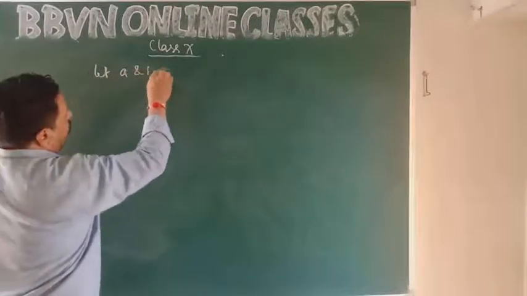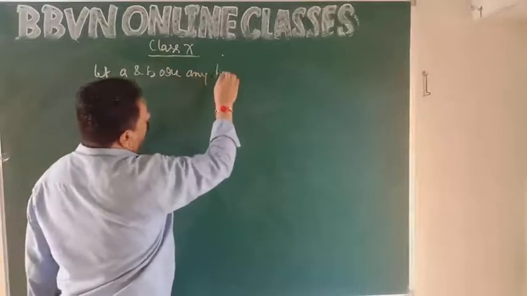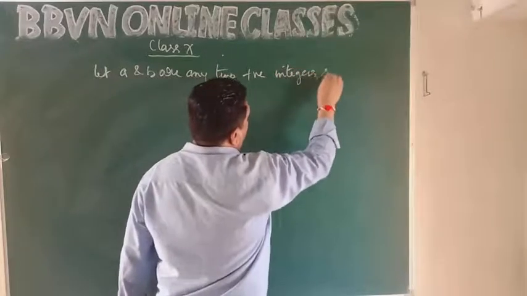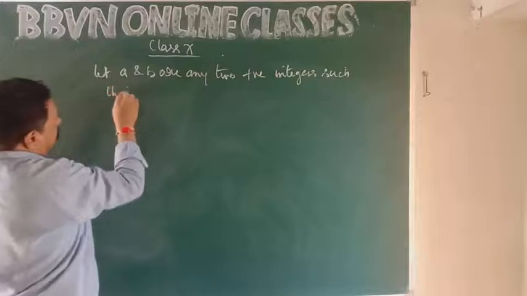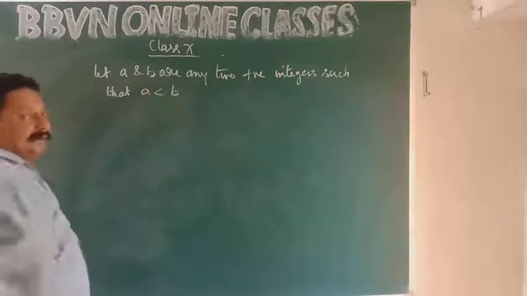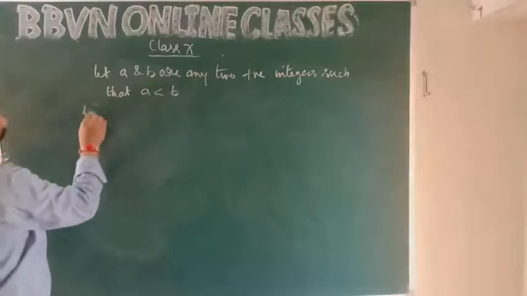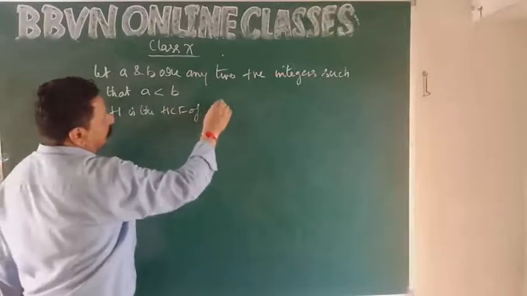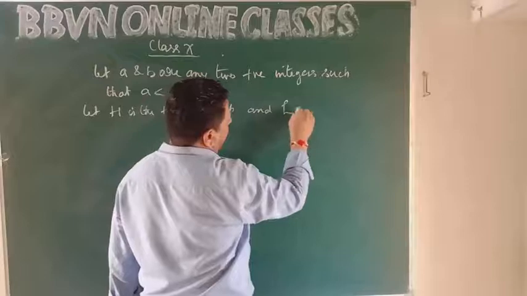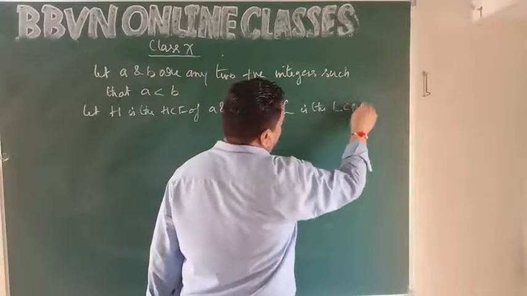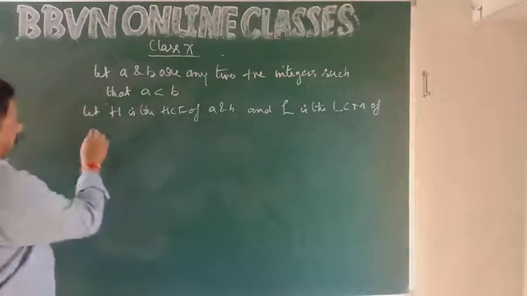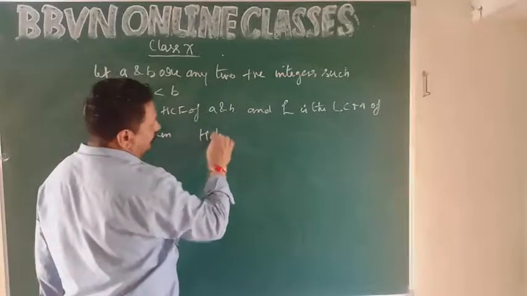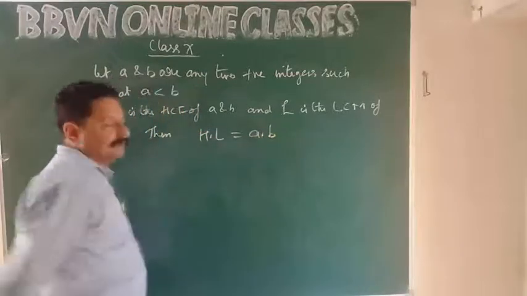Let A and B are any two positive integers such that A is smaller than B. Now let capital H is the HCF of A and B, and capital L is the LCM of A and B. Then always remember, the product of HCF and LCM is always equal to the product of the numbers.